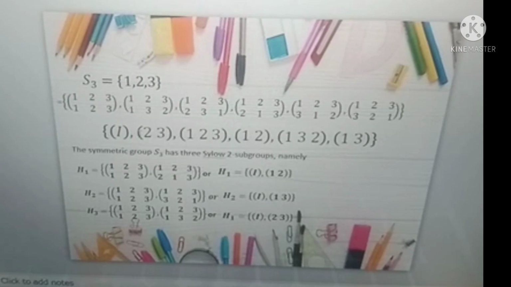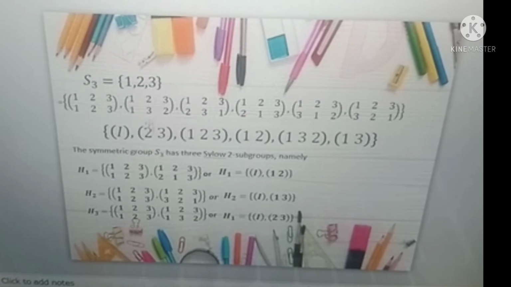Now 2 maps to 3, and 3 maps to 2. It returns back, so that is why it has become (2 3).